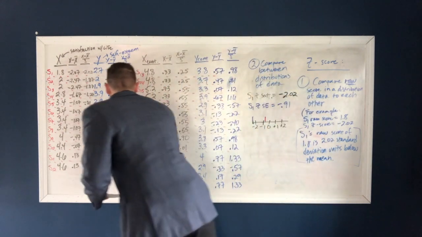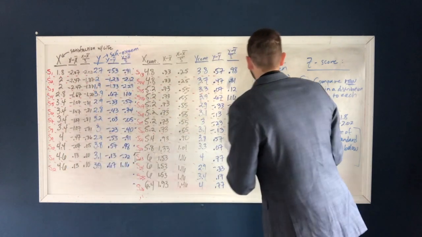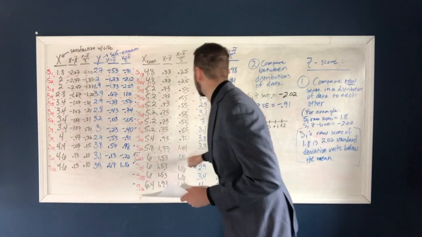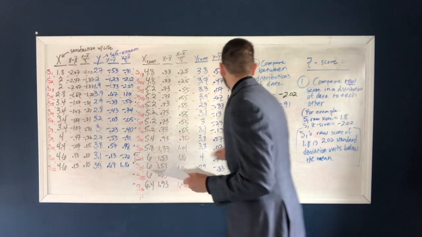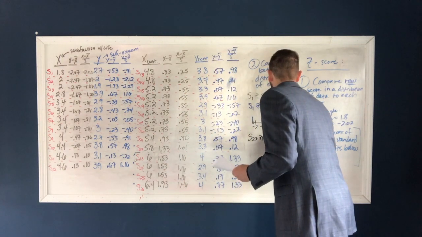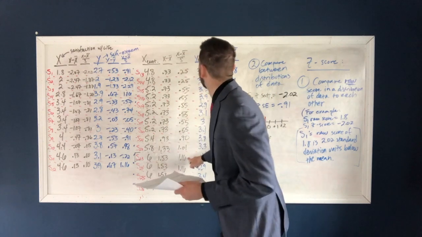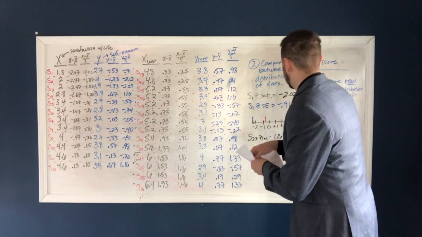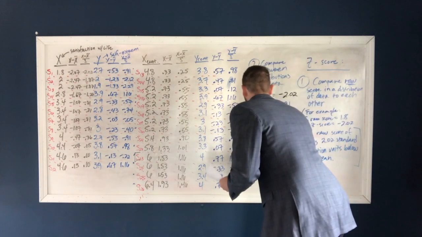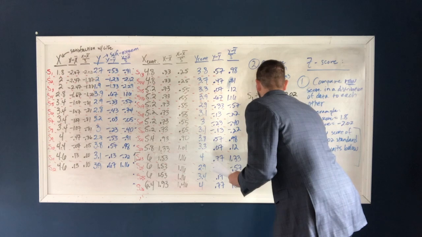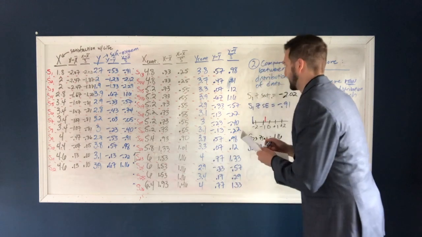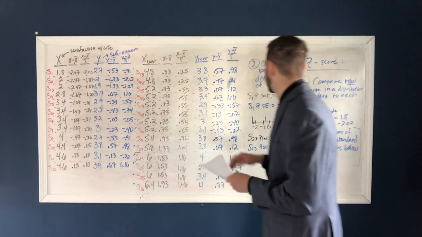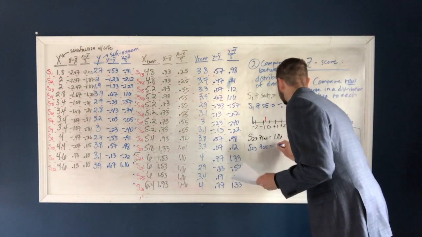That's a good one. So subject 23 has a z-score for satisfaction with life of 1.16. And they have a z-score for self-esteem of 1.33.